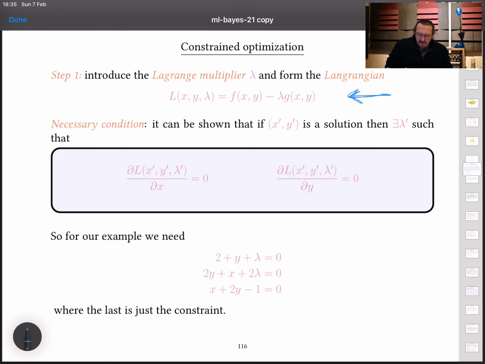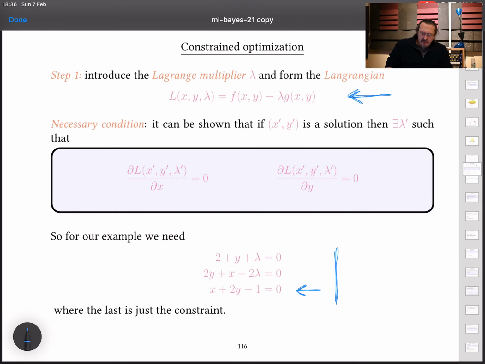You want to be able to set the derivative with respect to each variable, with respect to x and with respect to y, to 0. And that then gives you the equations that we see here, one from each of the equations in the box, and one which just follows on directly from the constraint, which is this one.